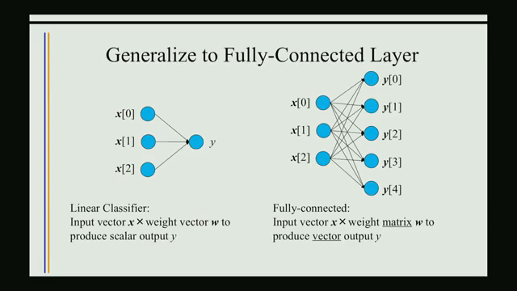I've got another layer where those inputs go in, and each node here connects to some number of the inputs. We often talk about a fully connected perceptron, where each node is fully connected to all the inputs. It's the most general form.